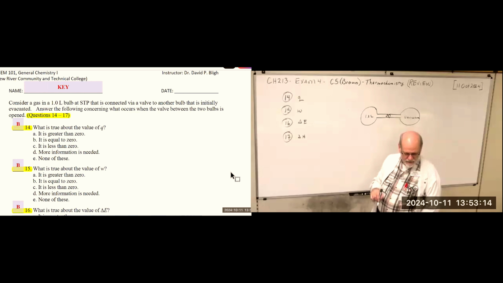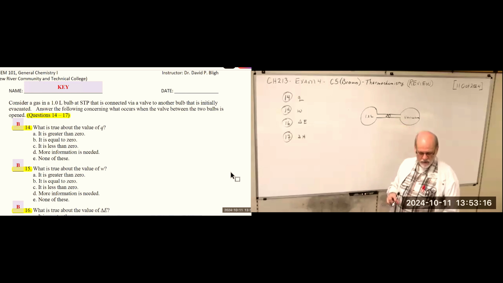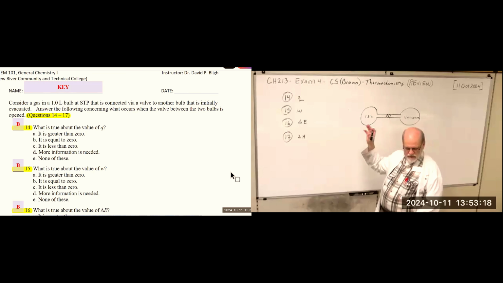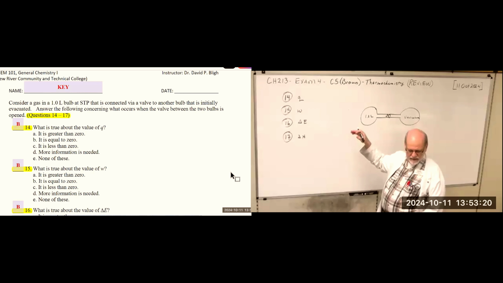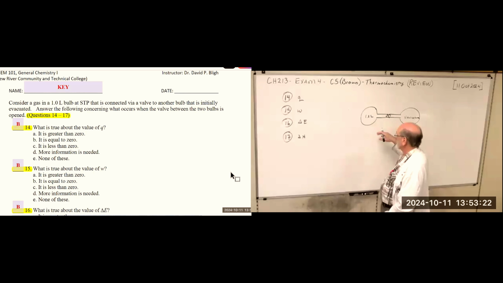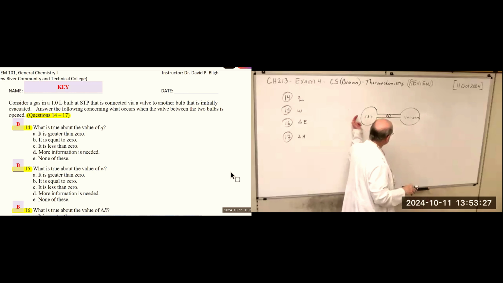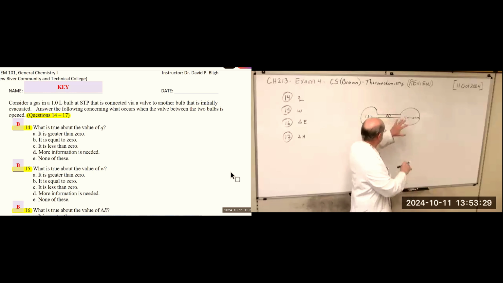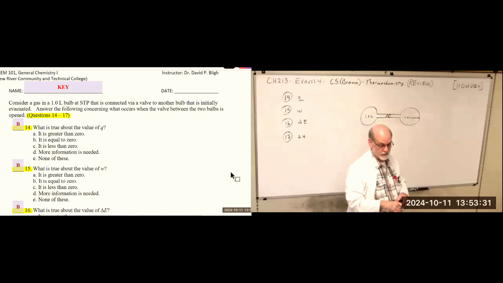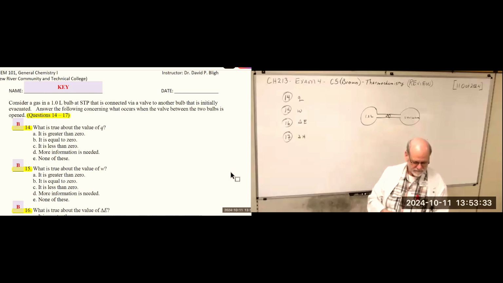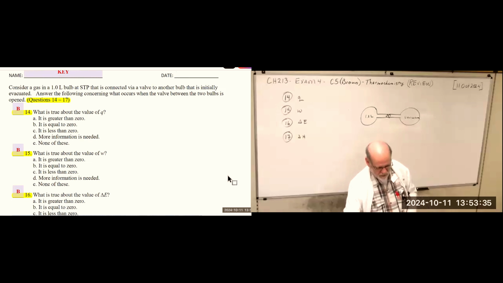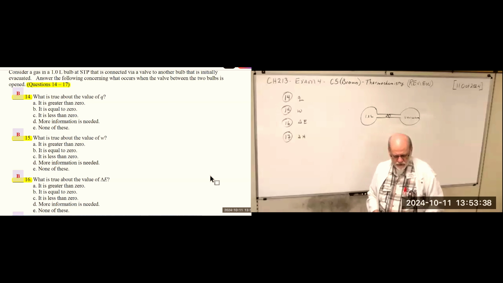We want to know what these values are, relatively speaking, when we open that valve. We know what's going to happen, right? That air is going to rush over here. The gas is going to rush over there until it's the same pressure throughout.